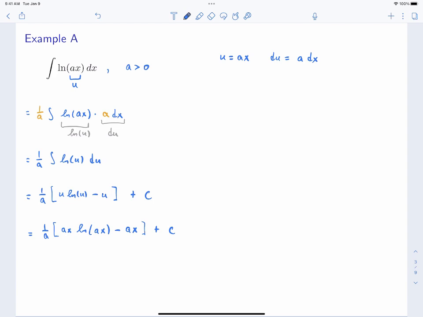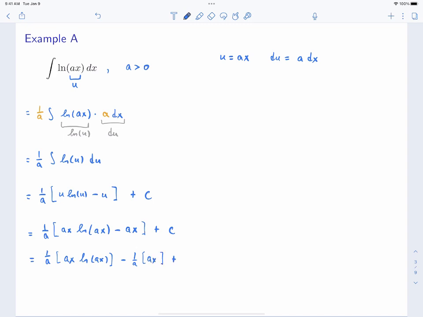Now, we can multiply this 1 over a through, we can distribute it, and what are we going to end up with? We're going to end up with this 1 over a times ax ln of ax. Maybe we want to make that a bracket. And then minus 1 over a times ax.